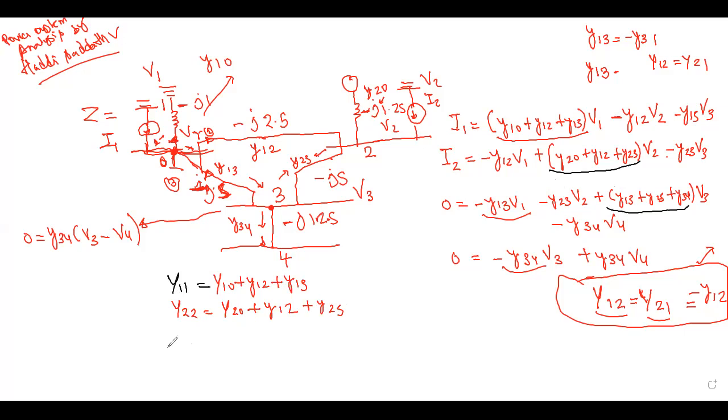Can you tell me what is the value of y33? y33 would be equal to y13 plus y23 plus y34. And my y44 value is just y34.